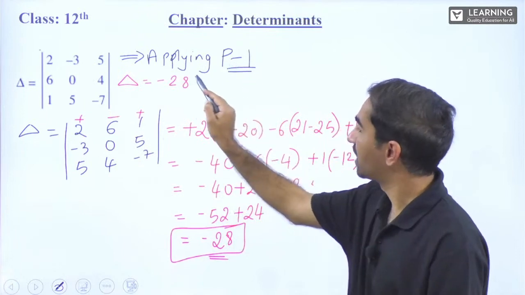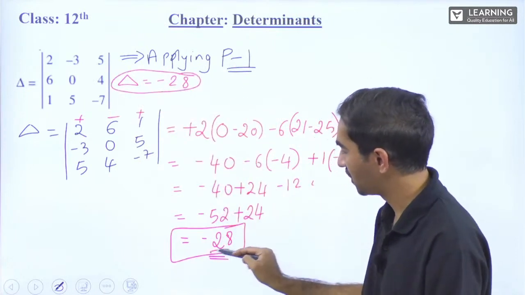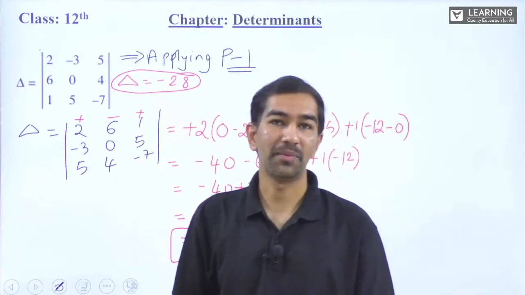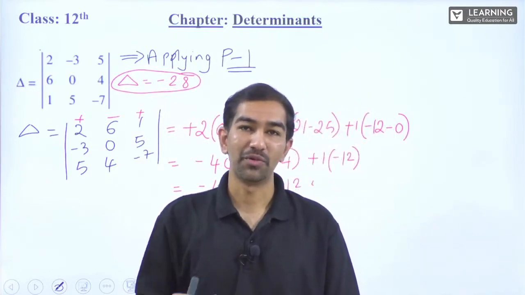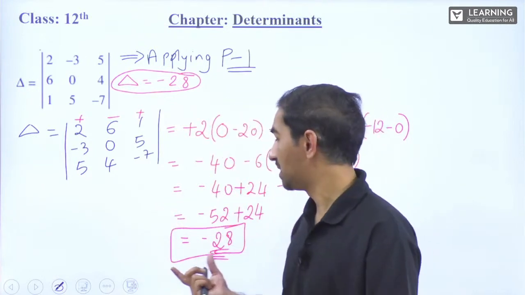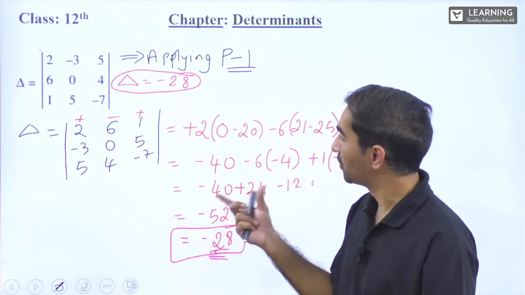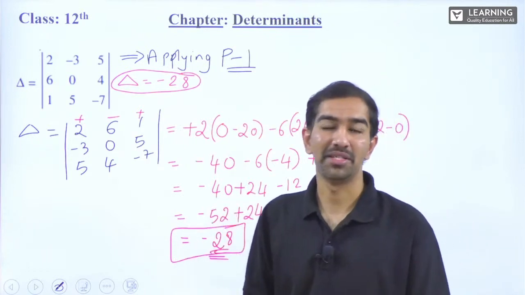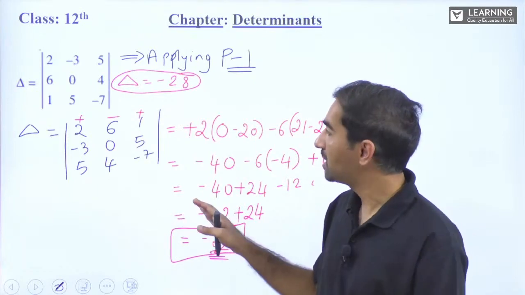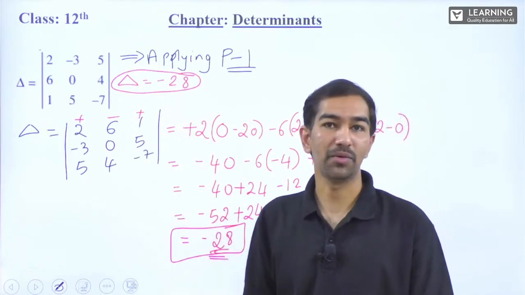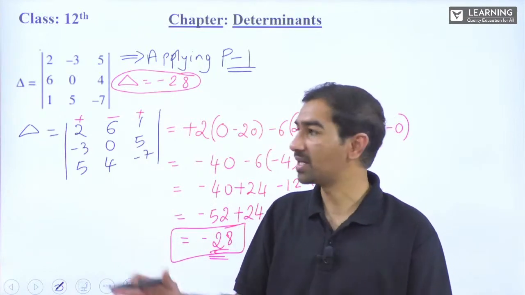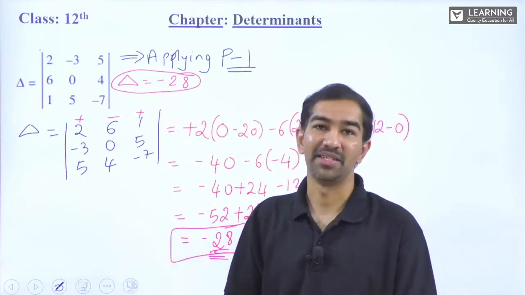Here also we got the answer as minus 28 only, which means property 1 is true and it is one of the properties of determinants. So whenever you interchange the rows and columns of a given determinant, the value must remain the same. We have proved this by using an example. So this is property number 1. You have to remember the property. Based upon these properties, we'll have questions in your board examinations. 4 marks will be asked from the properties of determinants.